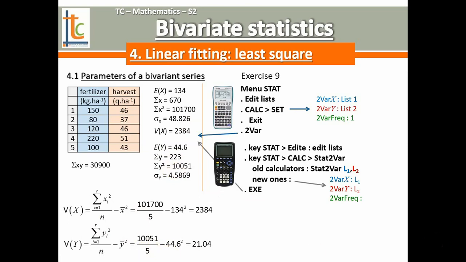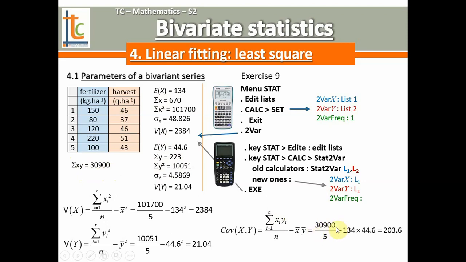And for the covariance, you have to use a mixed formula, so the sum of x y, which has been calculated by the calculator, 30,900 here, and surely not sum of x times sum of y, it doesn't work, okay? You just have to take exactly the same parameter that you need in the formula and it's given by the calculator, the same writing.